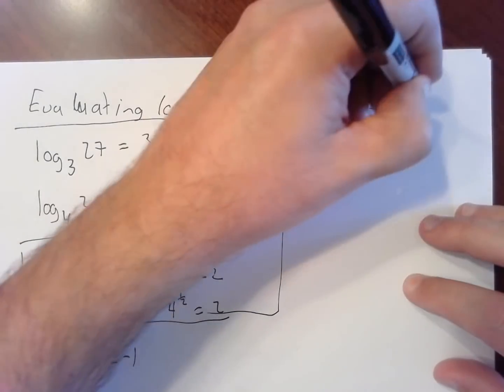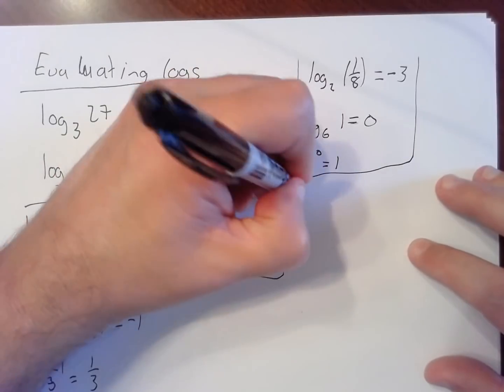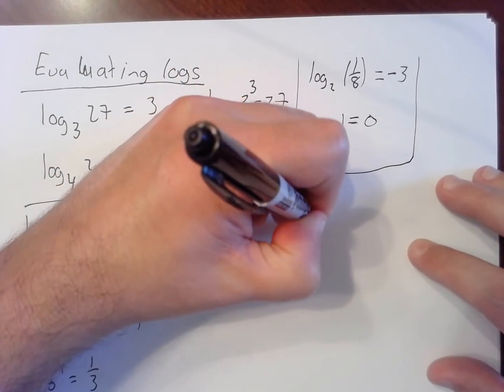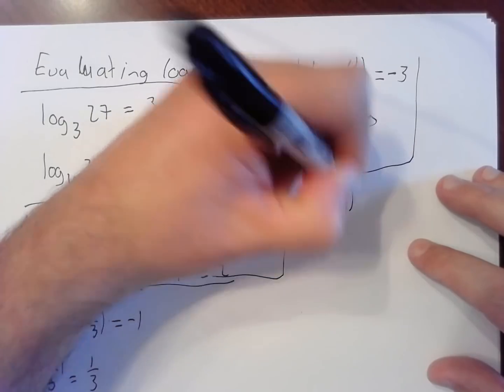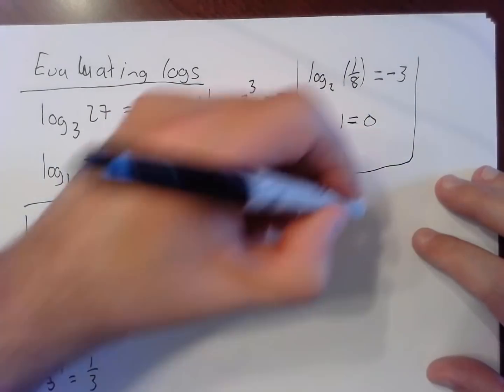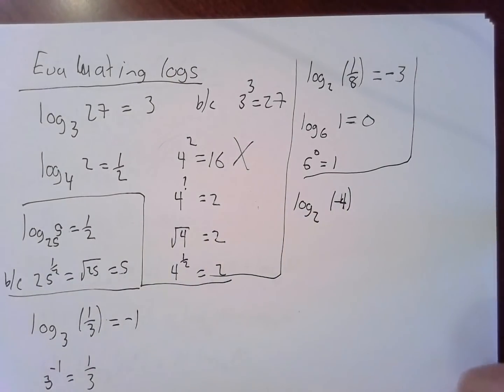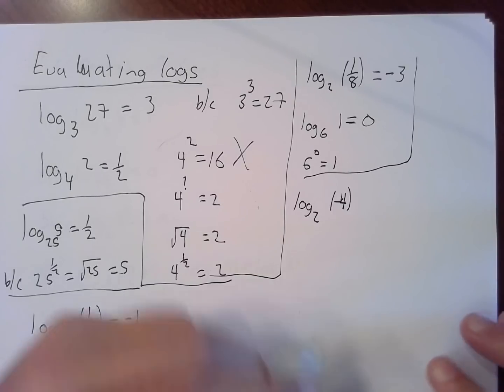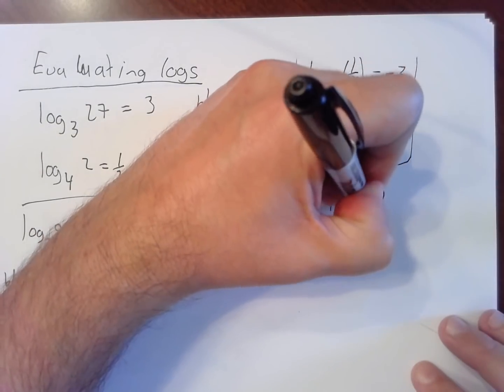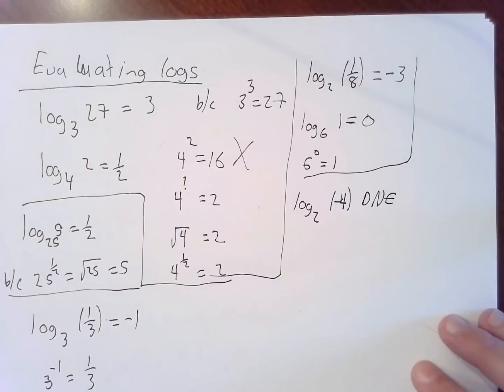Okay, what if I had log base 2 of -4? That's a -4 right there. What power would you put on 2 to get -4? You can try all day. You ain't going to get anything. That does not exist. You can't do it.